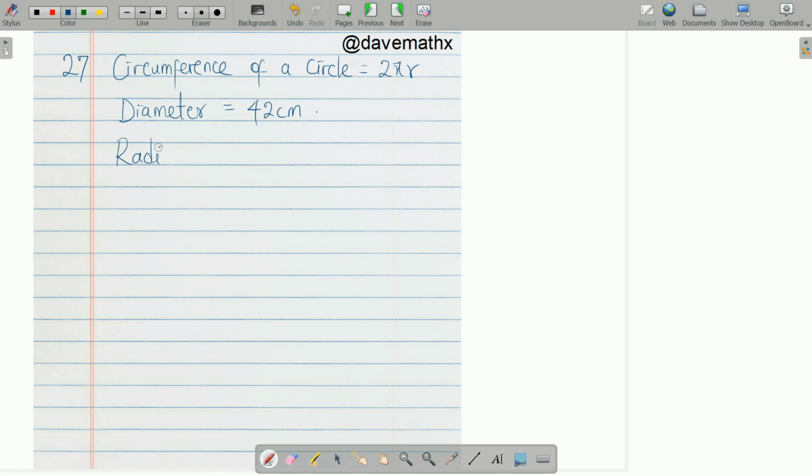Radius is always equal to diameter over 2. The diameter of 42 over 2 will then equal our radius, giving us 21.